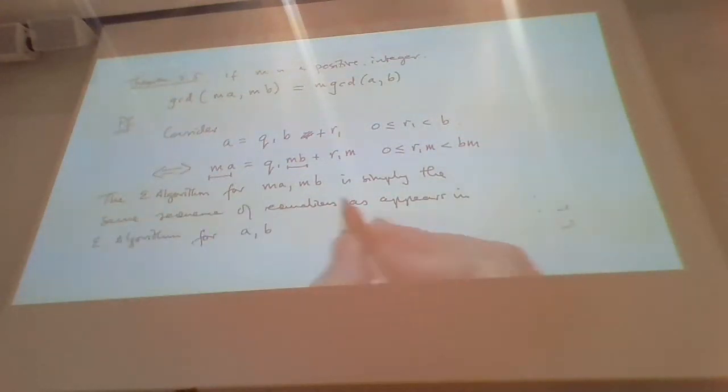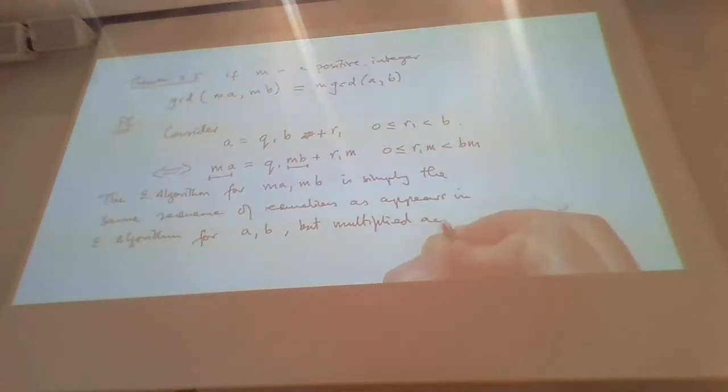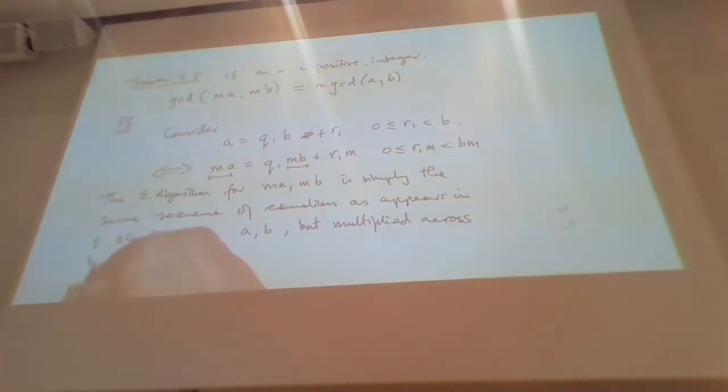So the Euclidean algorithm for MA and MB is simply the same sequence of equations as appear in the Euclidean algorithm for A, B, but multiplied across by m, so to speak.